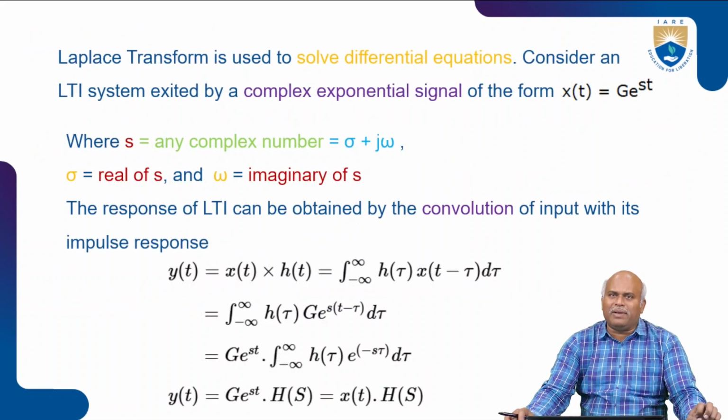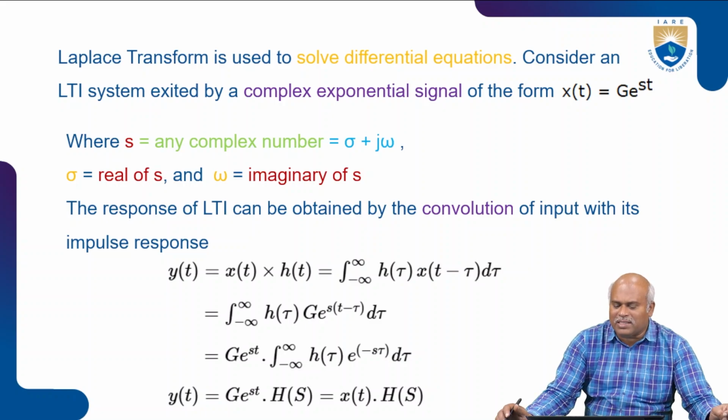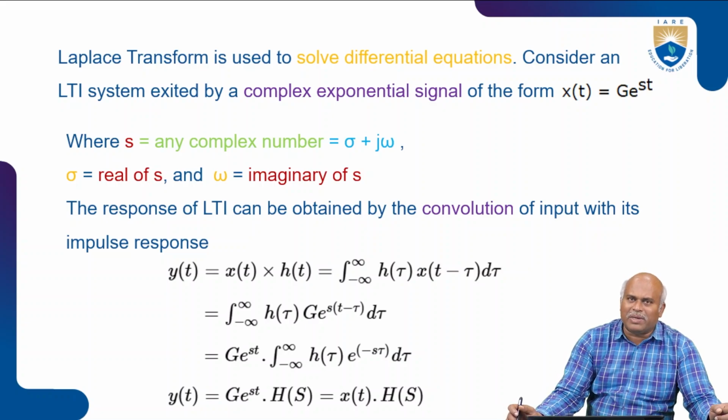Now, the Laplace transform is used to solve differential equations. Consider a linear time invariant system. It is excited by a complex exponential signal of the form x of t is equal to g e power st, where s is a complex number.